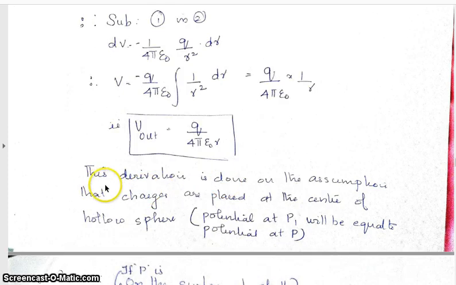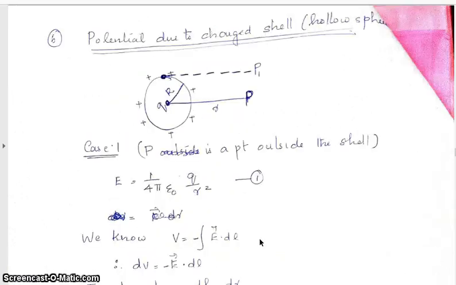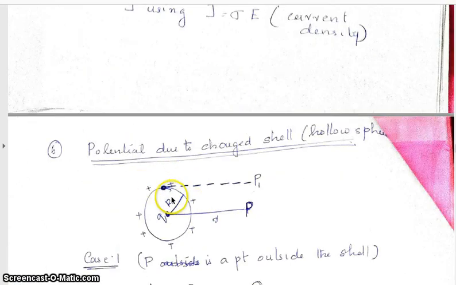Now here it is written, this derivation is done on the assumption that charges are placed at the center of the hollow sphere. Potential at P1 will be equal to potential at P. As I said earlier, whenever I say that the charge is placed at the center of the hollow sphere, you have to keep in mind that this is the center point of the sphere.